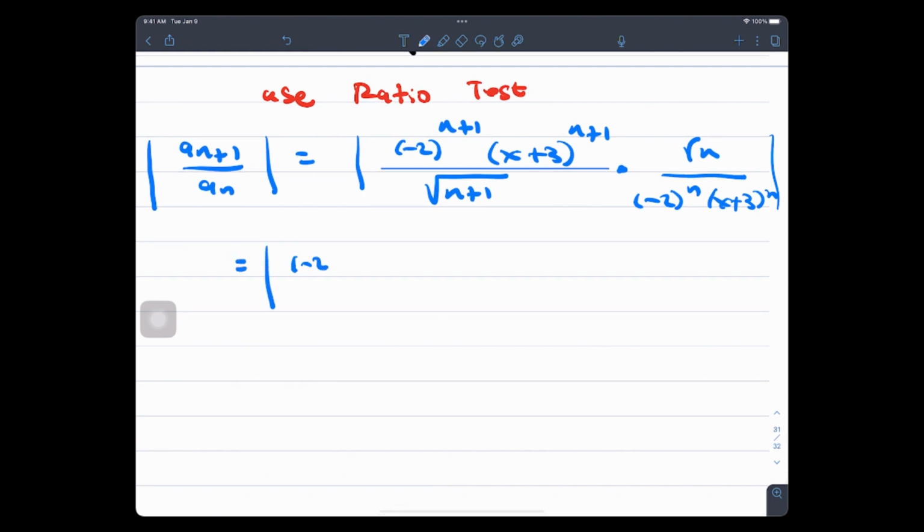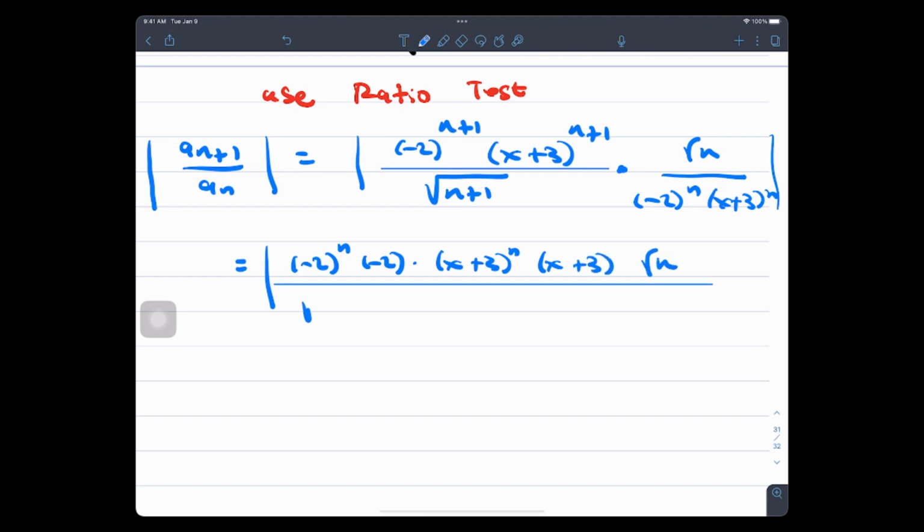Okay, use some algebra. Negative 2 to the n times negative 2, x plus 3 to the n, x plus 3, square root of n, over square root of n plus 1, negative 2 to the n, and this is x plus 3 to the what? Nth power here. So at this point, I would say you do what?